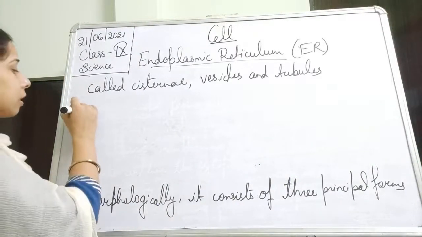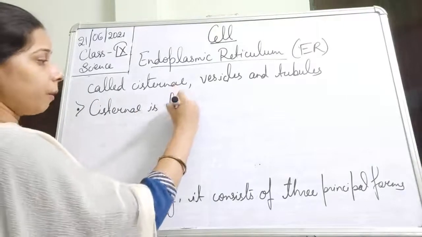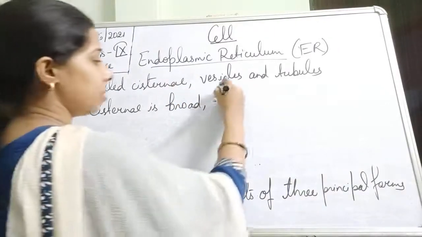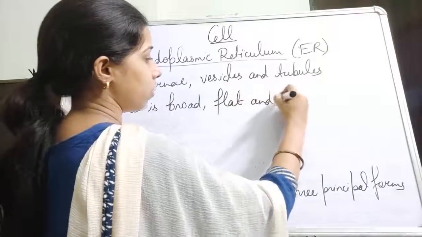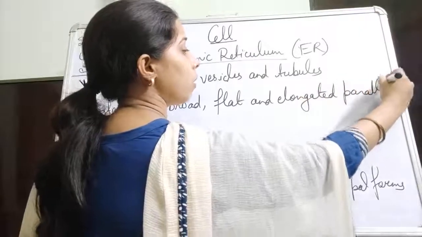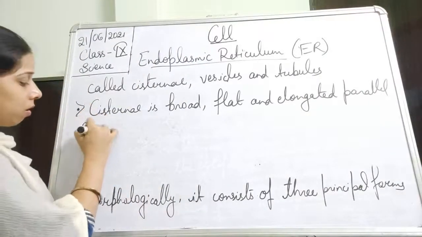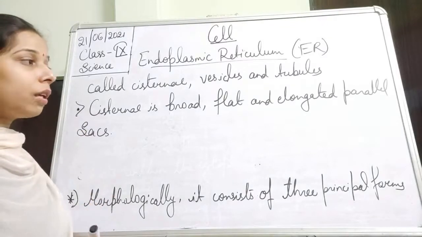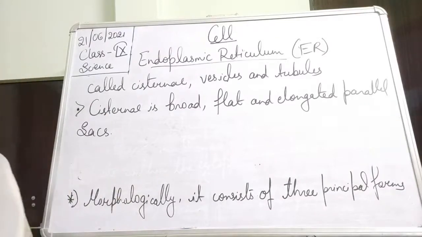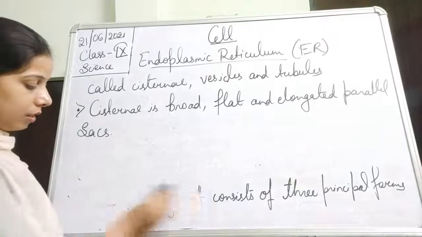When we talk about the cisternae, the cisternae are broad, flat, and elongated parallel sacs. When you look at the structure of a cisternae, it is broad, elongated, and a parallel sac. The next one is the vesicle. What about vesicles? Vesicles are spherical in shape. And the tubules are branched, tube-like spaces.